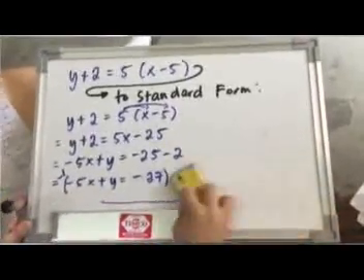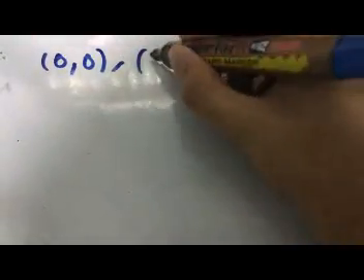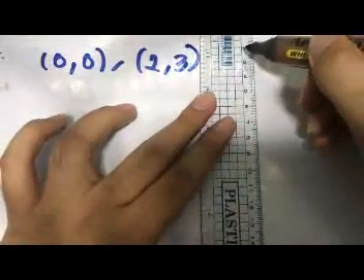So now we will be talking about the angle of inclination. So let's say we have this line, and let's plot it right here.